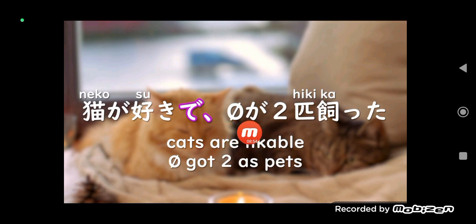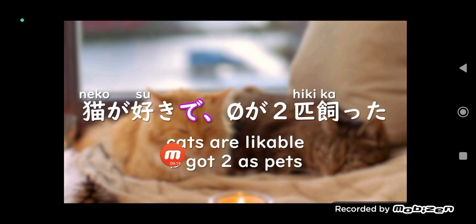Ga is not only a subject marker for a simple sentence with emphasis on the subject, it is also paired with the doer of the action. So what is the action verb? Katta, or kau, and the doer is this 0 or any person. Neko ga suki de. The person ga nihiki katta.